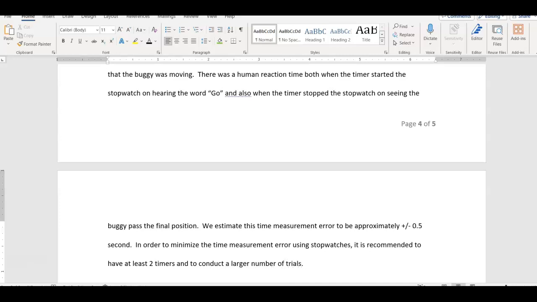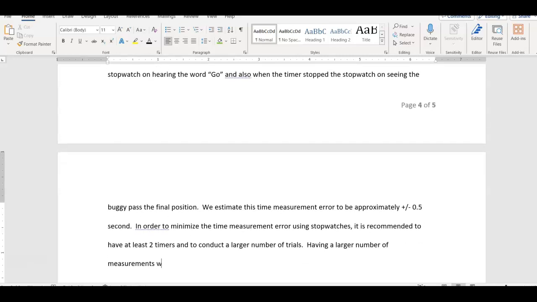So that way, instead of getting 5 measurements, we might, if we did 10 trials and we had 2 timers, that would be 20 measurements, okay? So it would really increase the number of measurements that we had. Having a larger number of measurements would tend to make the averaged effect of this error be smaller.